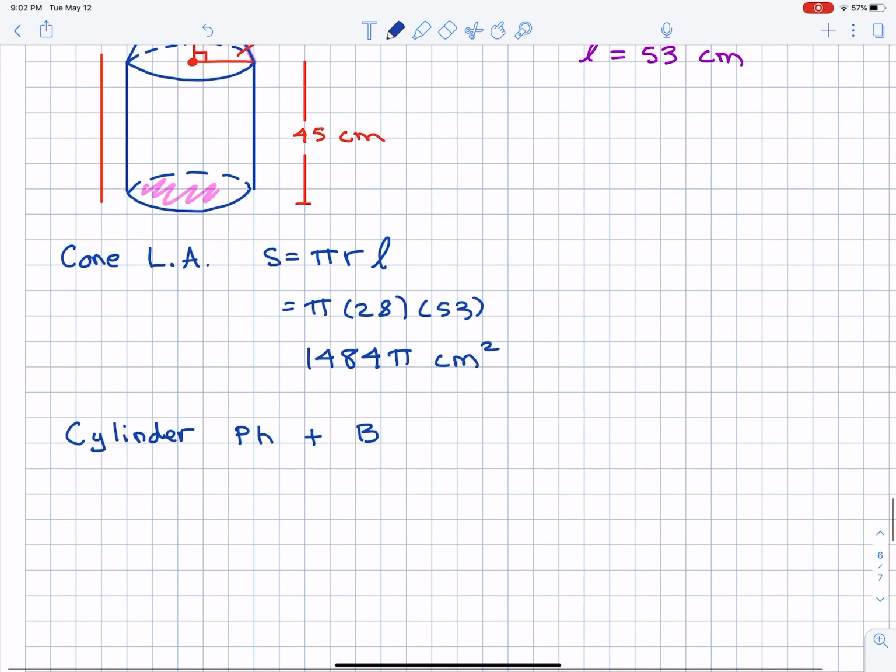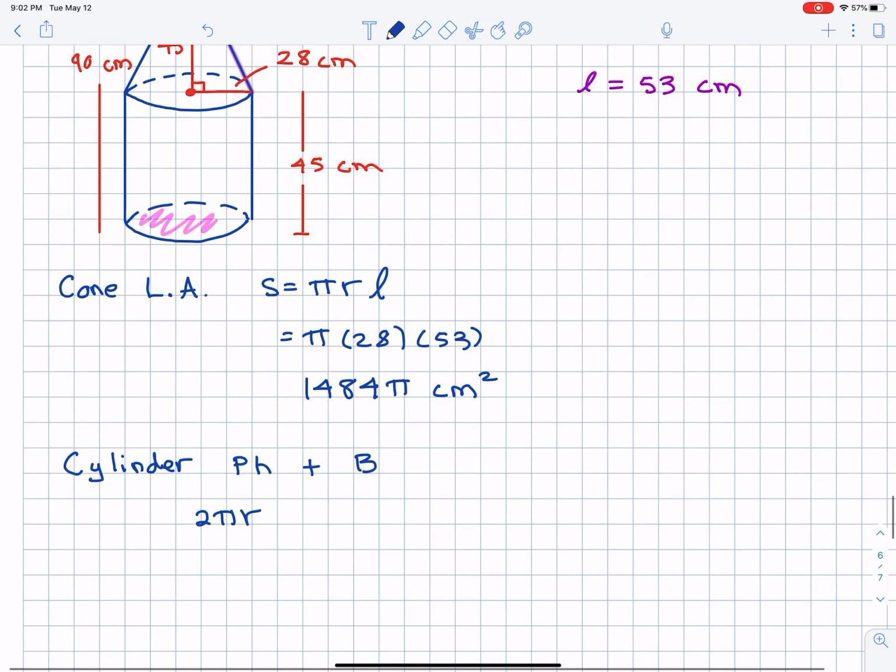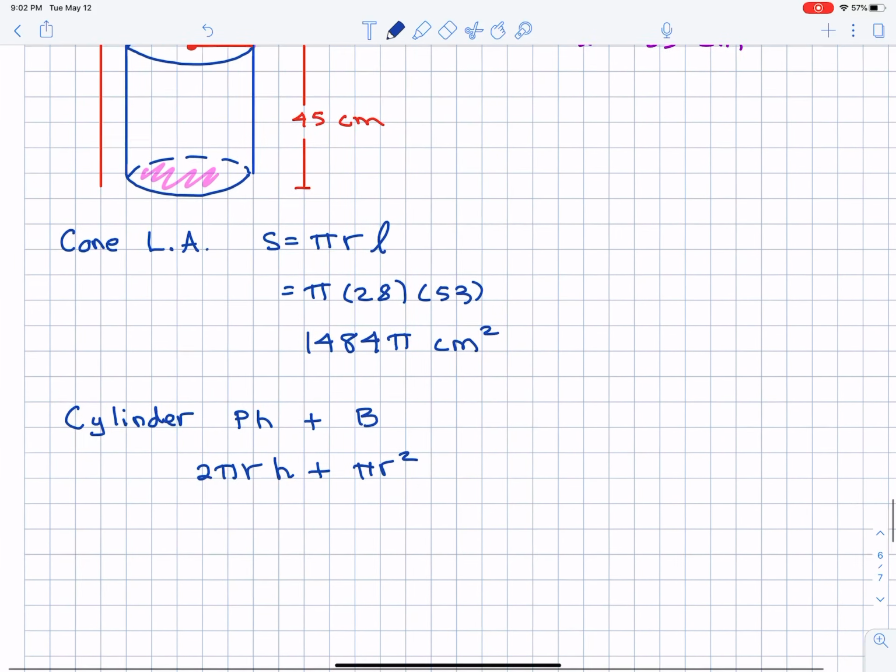So the perimeter is the circumference of that circle. So that is 2 pi r. The h, as we know, is 45. Actually, I'm just going to put an h for now. And then our base again is a circle, so that is pi r squared. So let's see what we got.